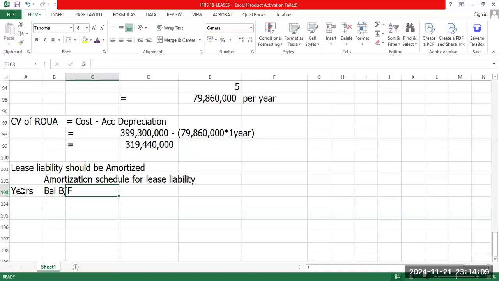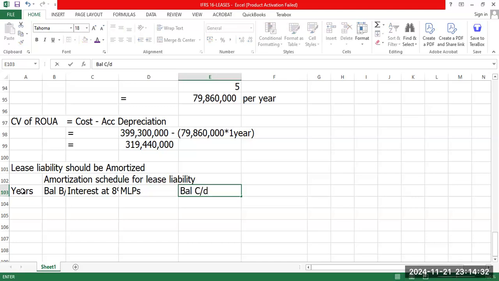I create a column for interest at 8%. Then I create a column for minimum lease payments. Then lastly, I create a column for balance carried down.